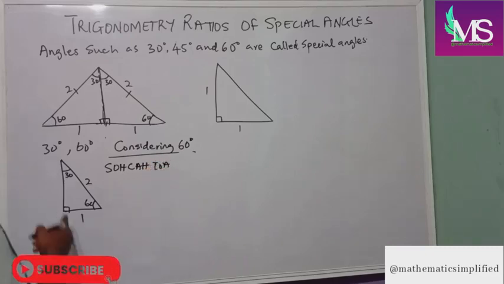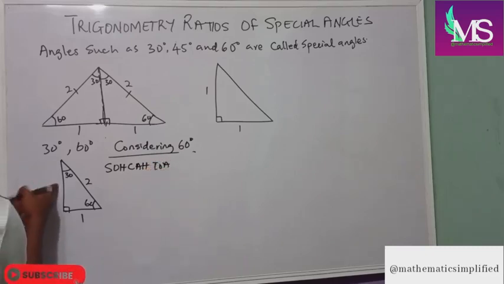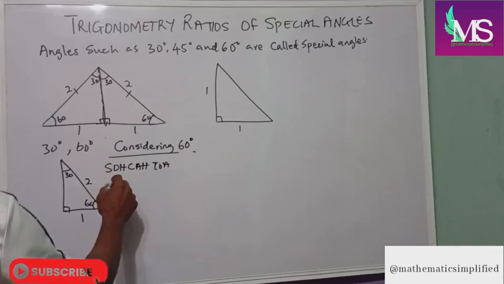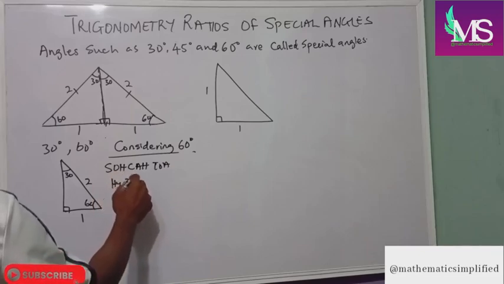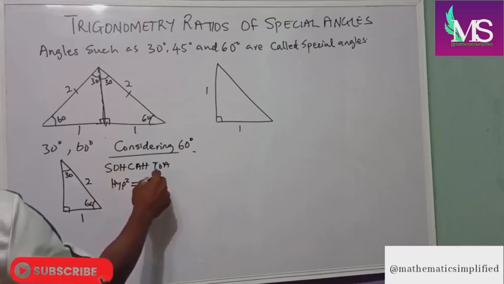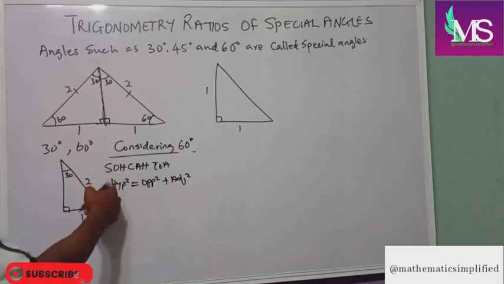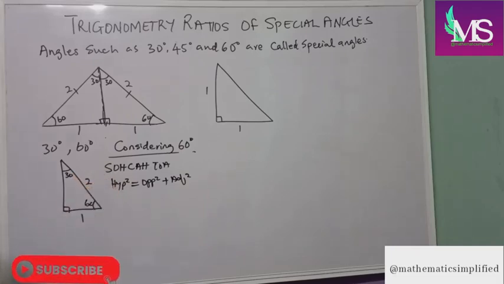Since we want to find the opposite, we are going to use our Pythagoras theorem, which says hypotenuse squared equals opposite squared plus adjacent squared.